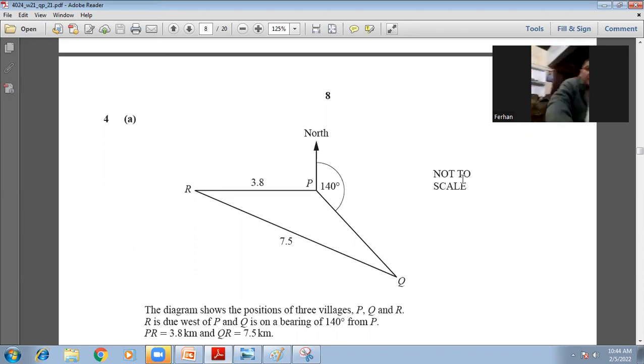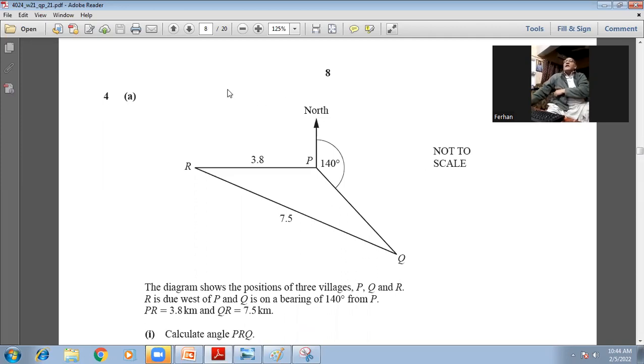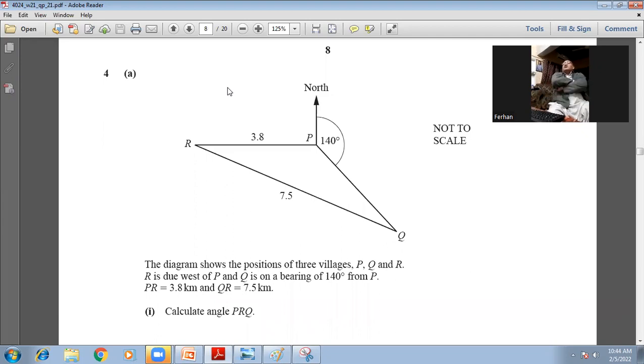He says that in question number 4, we have the diagram showing the positions of the 3 villages P, Q, and R. R is due west of P. So R is in the west of P. If R is in the west of P, then this angle will be 90. So this angle is 90.